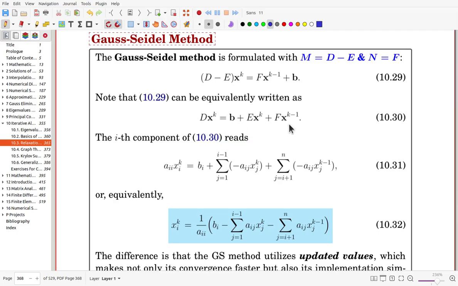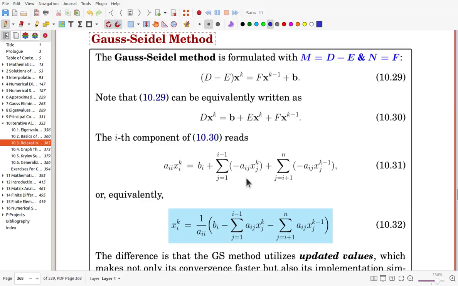Now we consider the detail, the ith component, line by line. The ith component is exactly the same as for the Jacobi method, that will be a_ii x_i, and from this one, b_i. Now from this one, the negative lower portion, but rather than x^(k-1), we are using x^k values, the updated values for this portion.